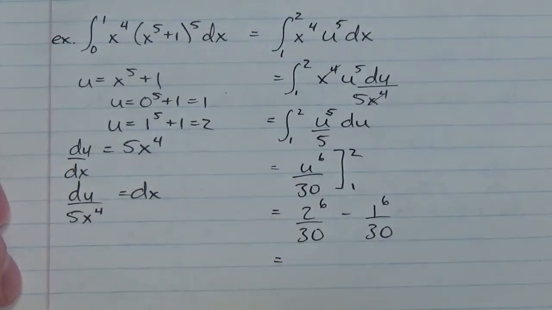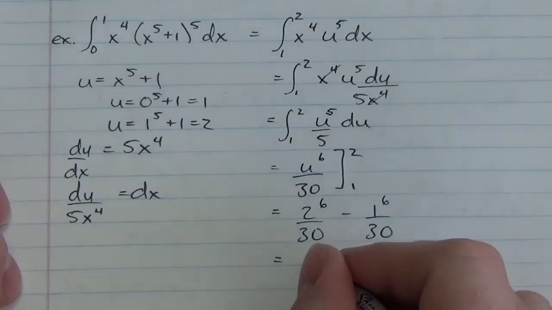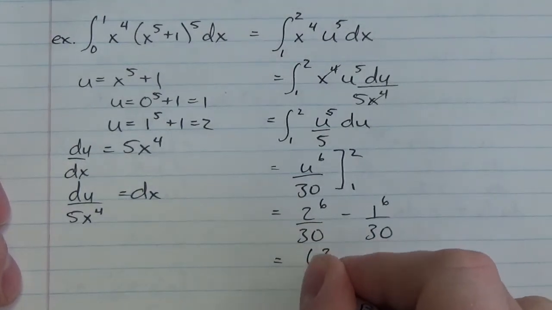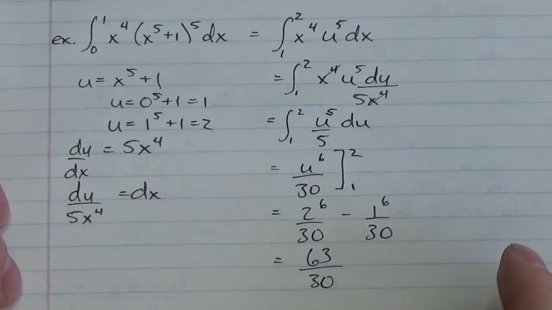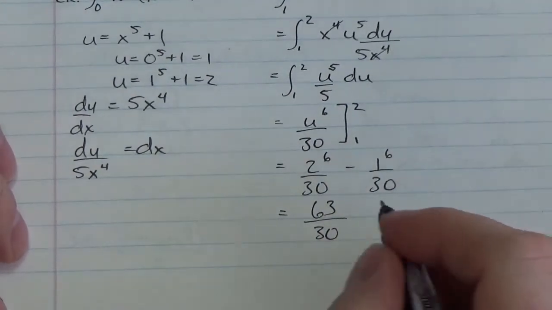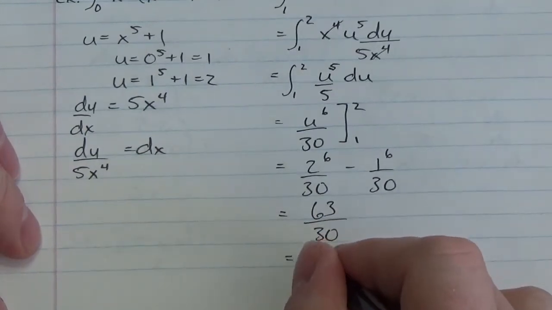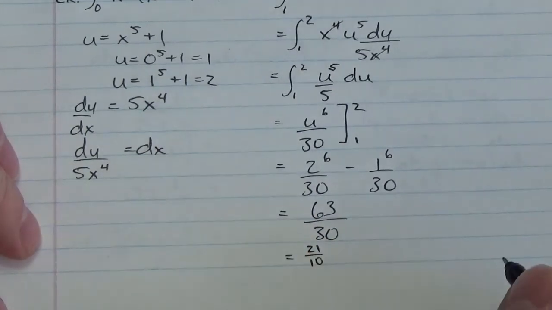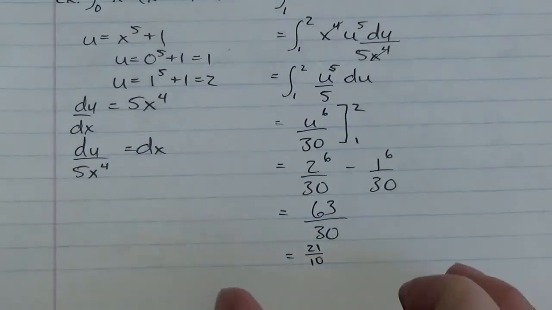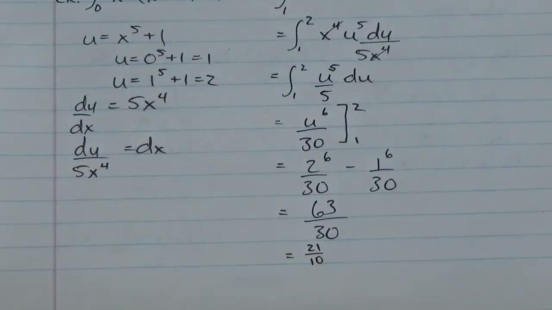Well, 2 to the sixth is 64, and 1 to the sixth is just 1. So it's going to be 63 over 30. And I think it's pretty clear that there's a common factor of 3 there, so this will reduce down to 21 over 10. And that's the value that we are looking for.